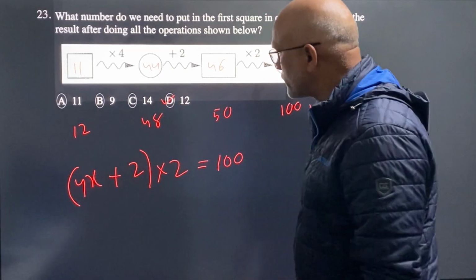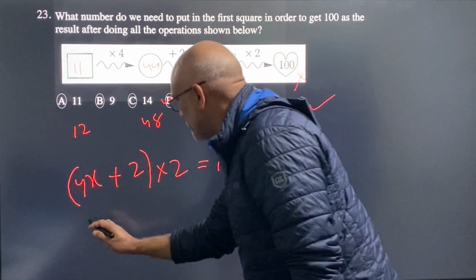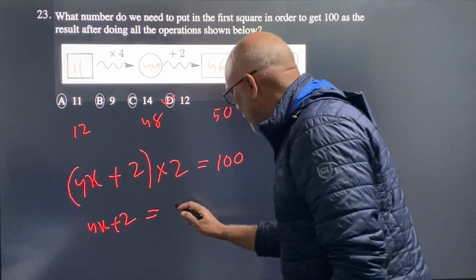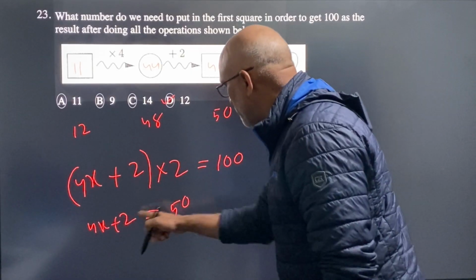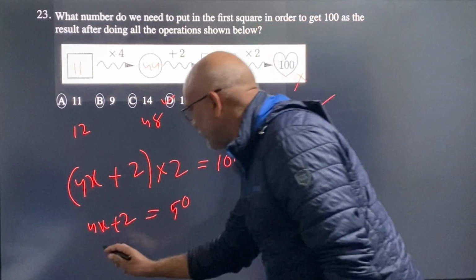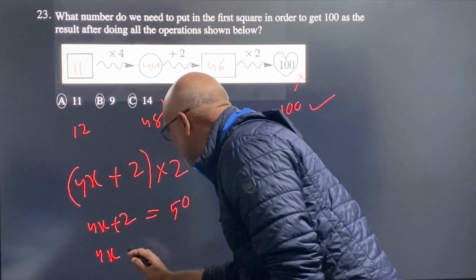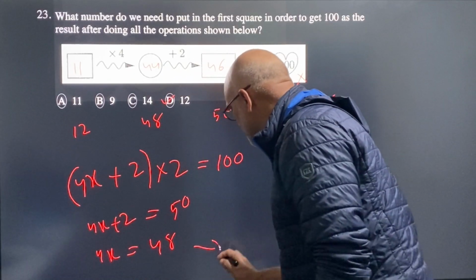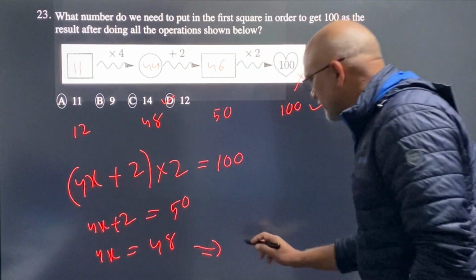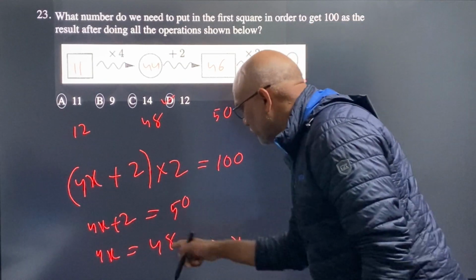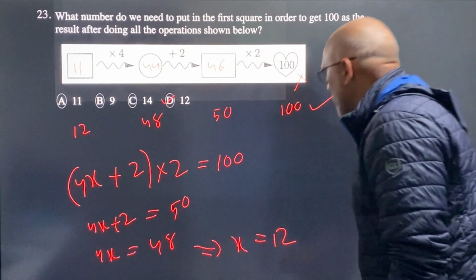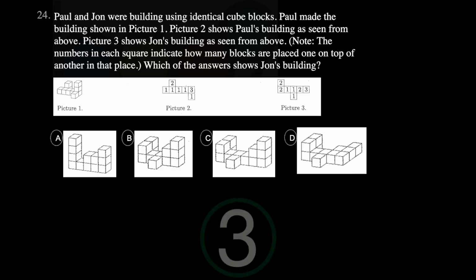So if I divide both sides by 2, this will be 4x plus 2, and 100 by 2 is 50. If I take away 2 from both sides, it will be 4x equals 50 minus 2, which is 48. So x is equal to, if I divide both sides by 4, 48 by 4 is 12, right? We get the same answer.